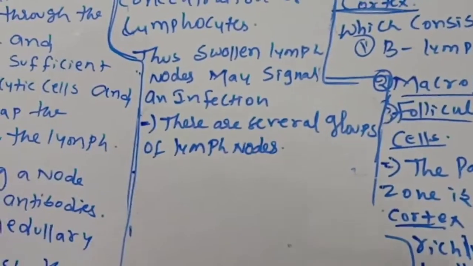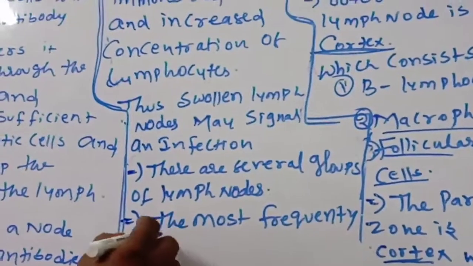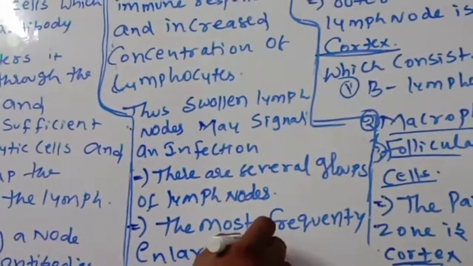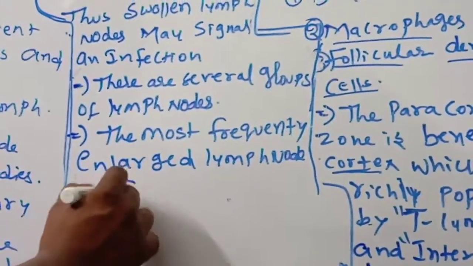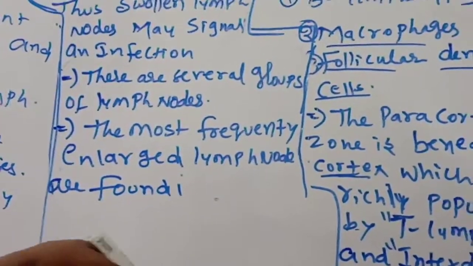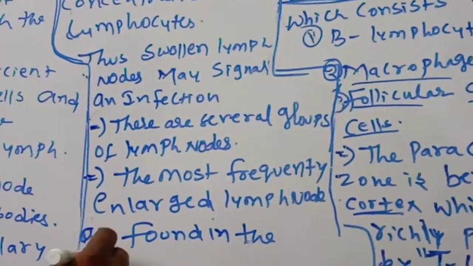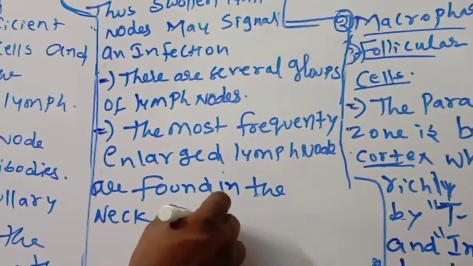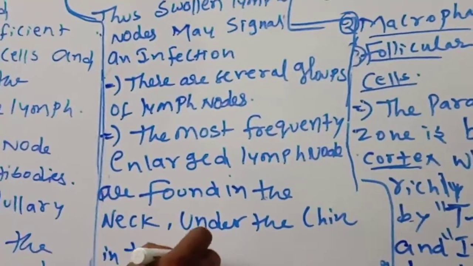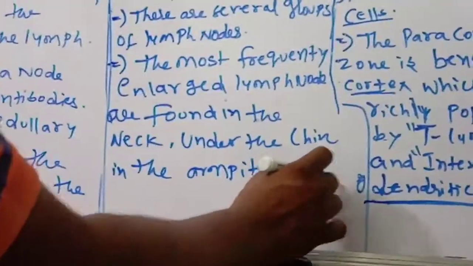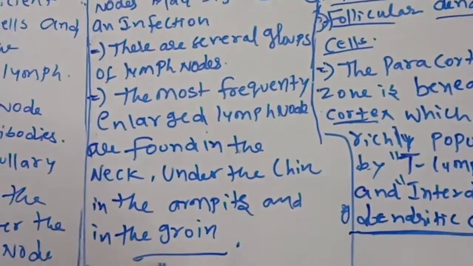The most frequently enlarged lymph nodes are found in the neck, under the chin, in the armpits, and in the groin. Children, this point also you have to remember.